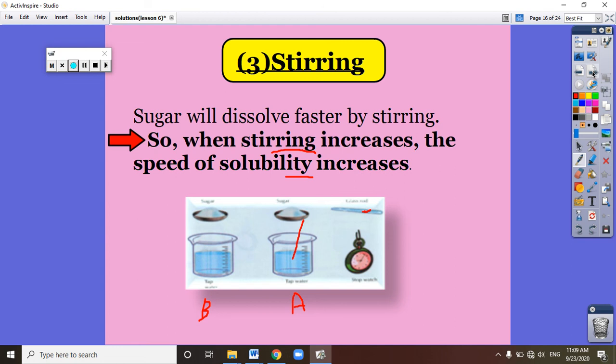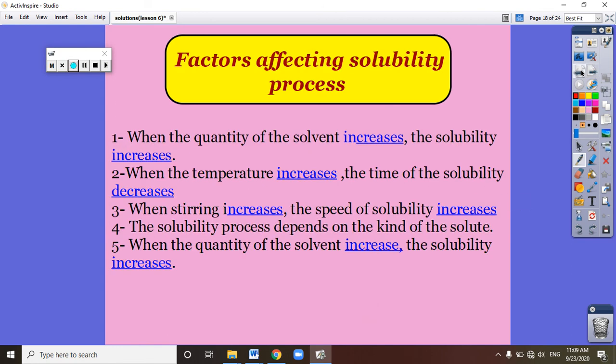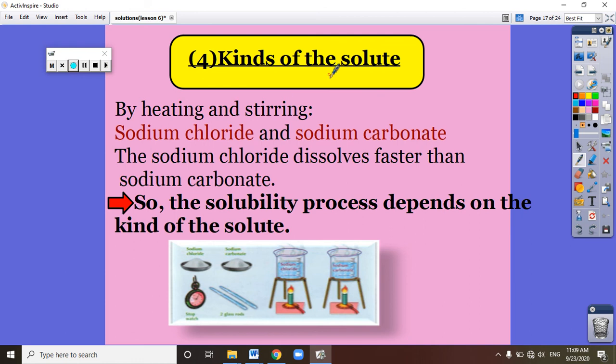The last factor that we have is the kind of the solid. Okay, what is the meaning of this? I'll get two different solutes. The solute number 1 is called sodium chloride and it's a chemical material. Okay, the solute number 2 is sodium carbonate, and also it's a chemical material that we use in the lab.